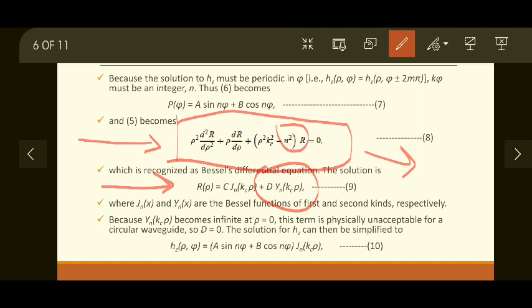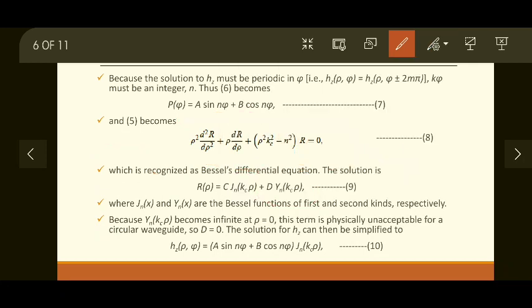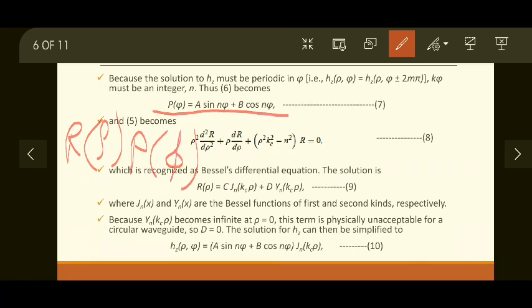So the solution of Hz can be simplified. Again remember, the solution of Hz is R(rho) into P(phi). What is P(phi)? P(phi) is this one. What is R(rho)? R(rho) is this one. In this R(rho), D is 0, because at rho equal to 0 the second kind becomes infinite and D has to be 0 to mitigate that.